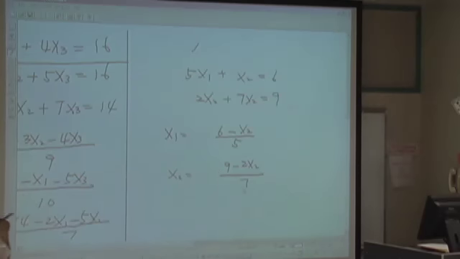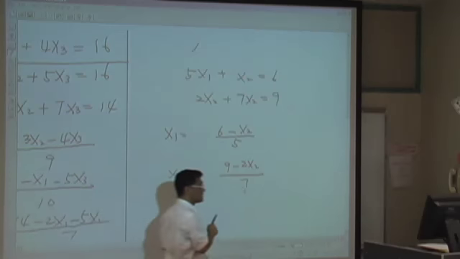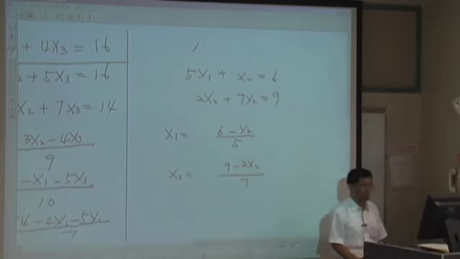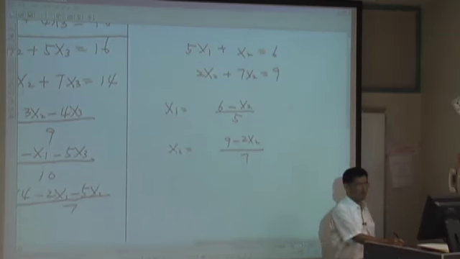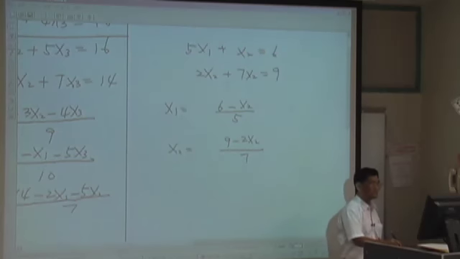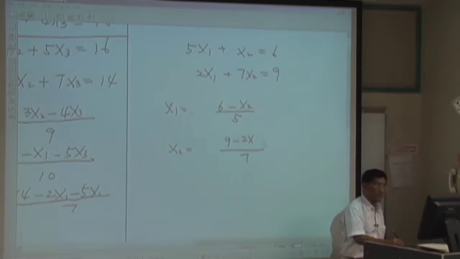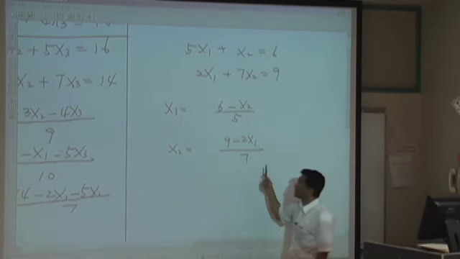Then somebody tried to tweak these things by doing something like this. Oh, what if we... So we are tweaking this a little bit.